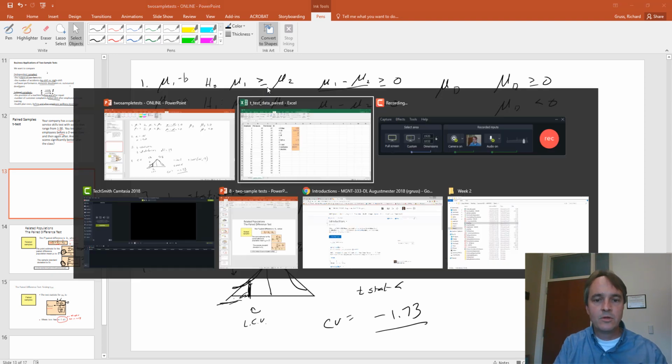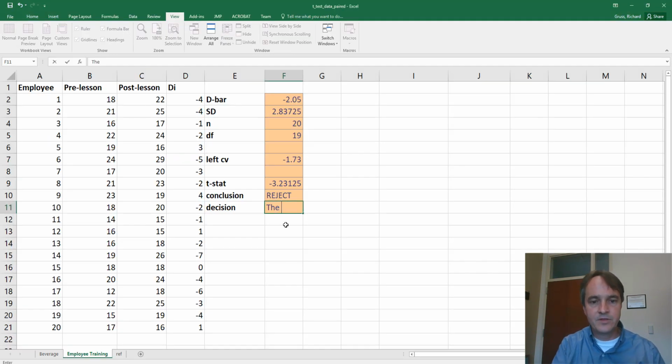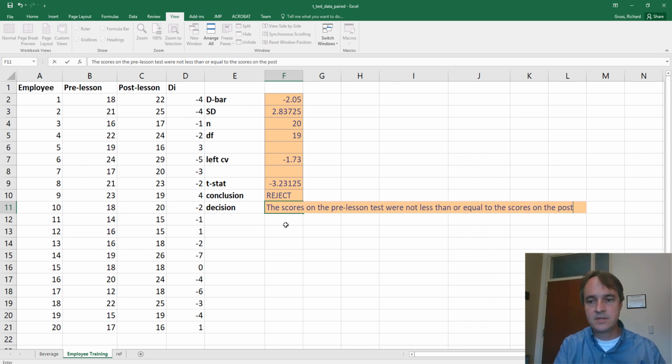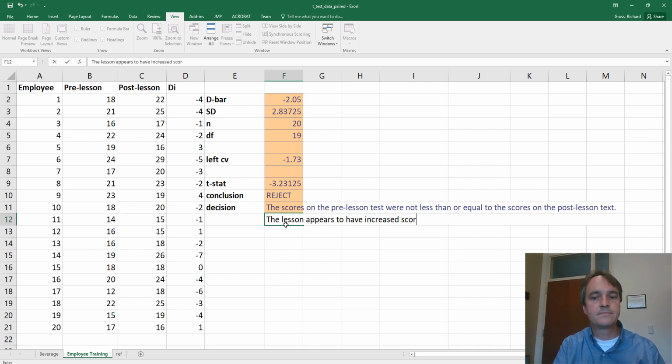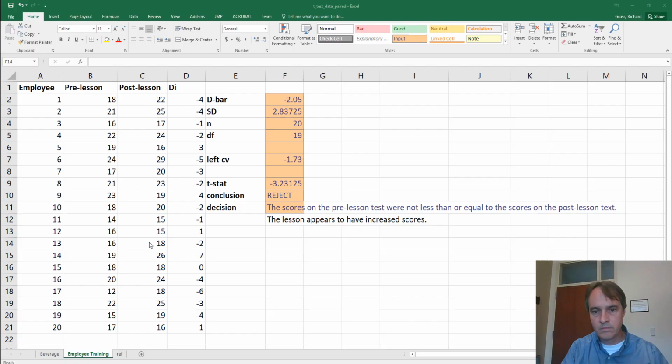We can reject that the scores on the pre-lesson test were not less than or equal to the scores on the post-lesson test. The lesson appears to have increased scores.